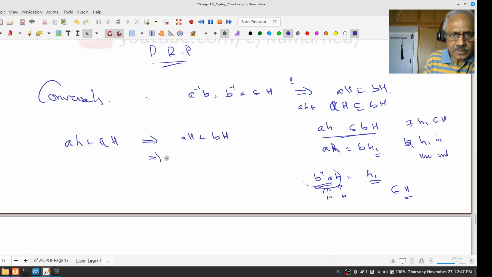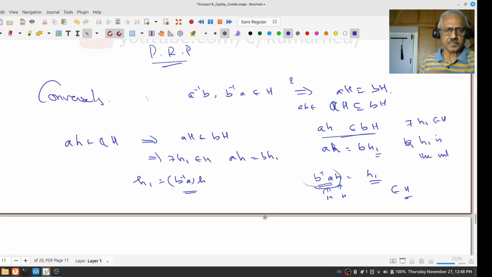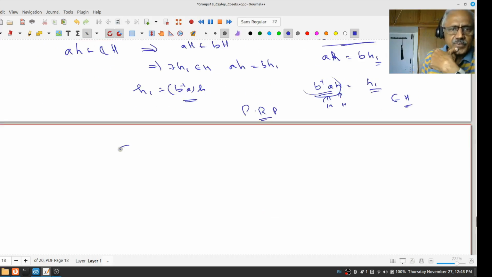That means I have to find an h1 in H so that ah equals bh1. What is that h1? My h1 is b inverse a times h. Is that clear? Therefore, we proved aH is a subset of bH.